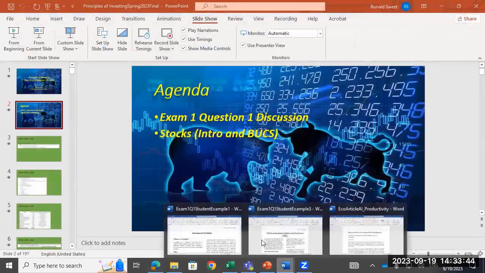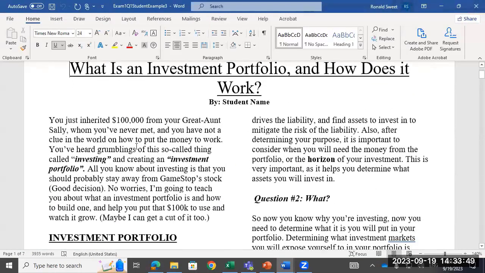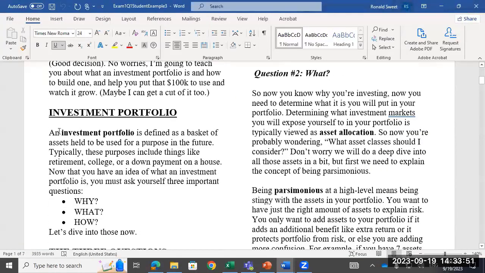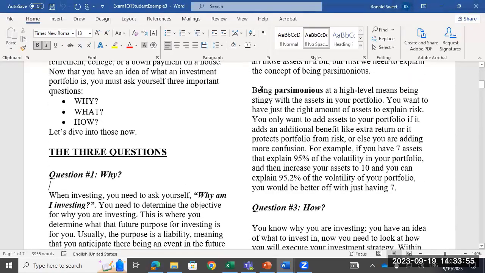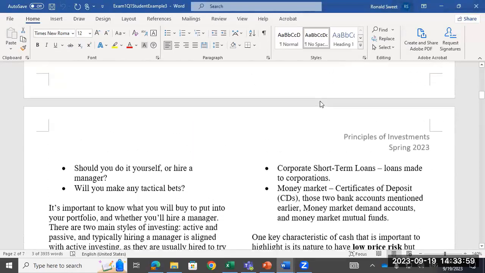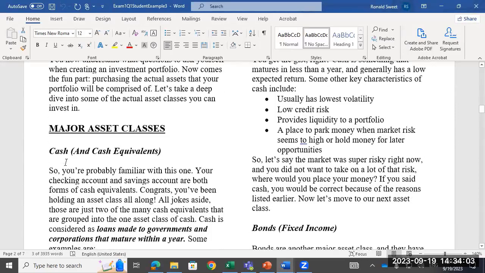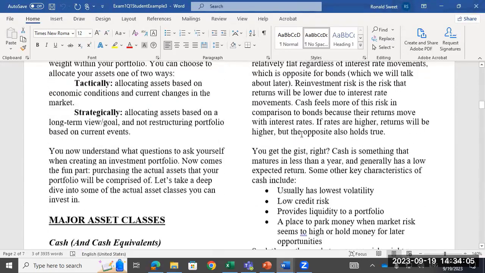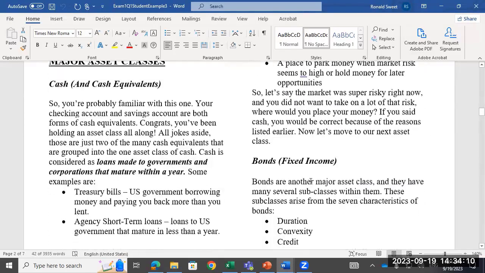Here's another one. You don't have to use the two columns, but they did. Definition of portfolio, the three questions: why, what, and how. Talk about the parsimonious. The three questions under the how, he has that in there. Got into the major asset classes. Price risk, reinvestment risk.